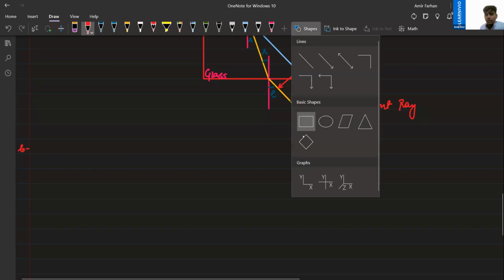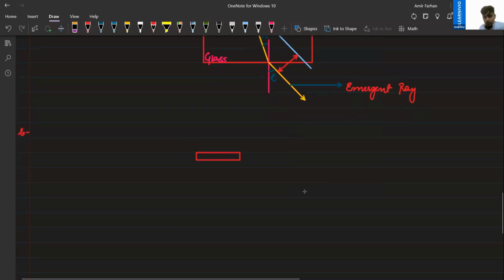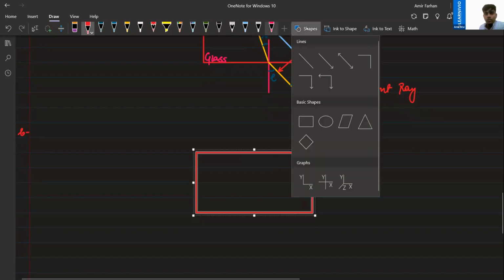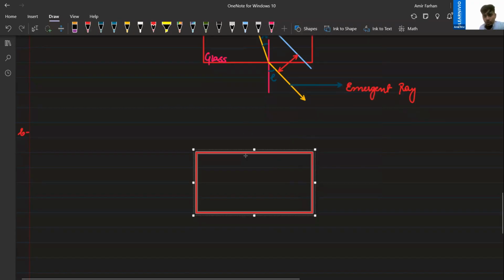Suppose there is one glass slab, and this is the normal.